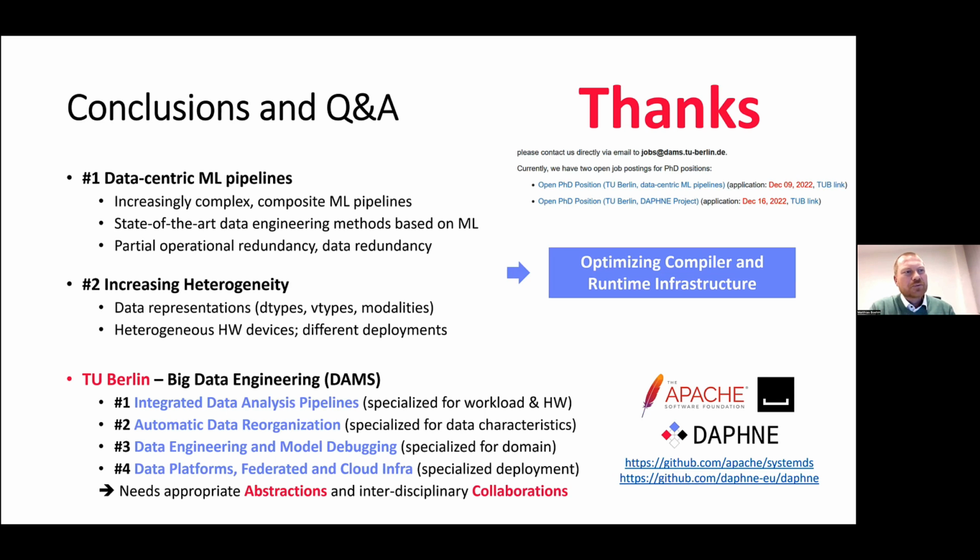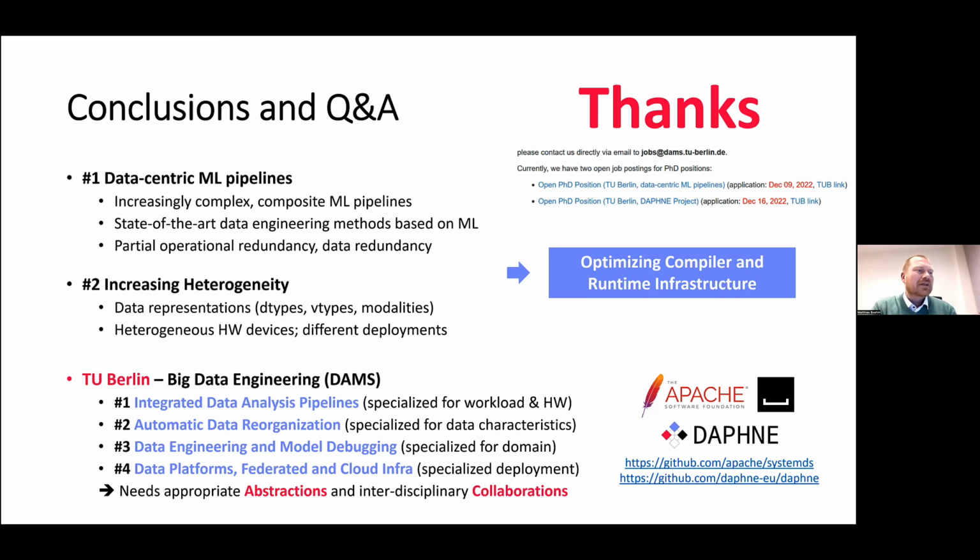So our two main research systems, which we still try to make useful for multiple different levels of users, are Apache SystemDS and DAPHNE, and we focus on integrated data analysis pipelines, specialized for workload and hardware, with automatic data reorganization in the internals, specializing for data, then data engineering pipelines and multimodal data sets, specializing often for a domain, and finally deployment.